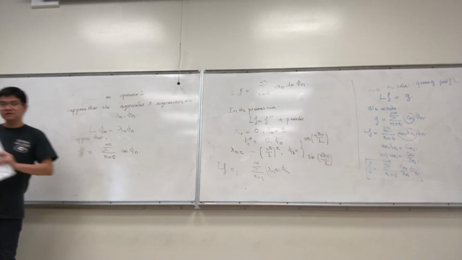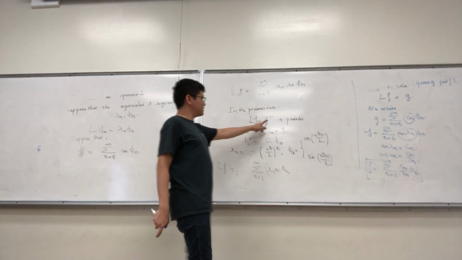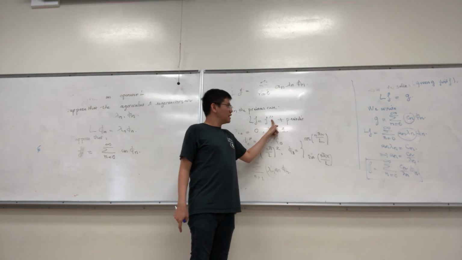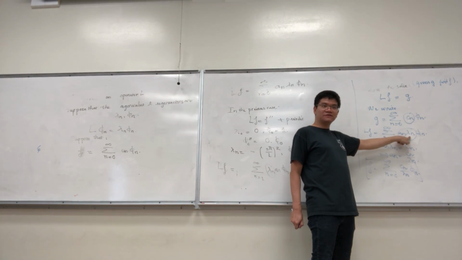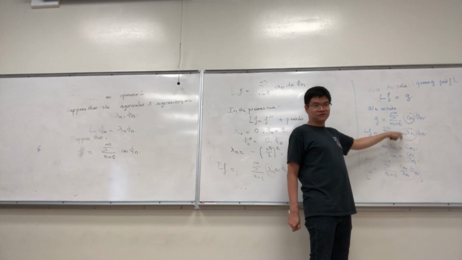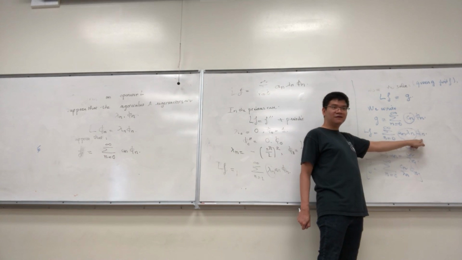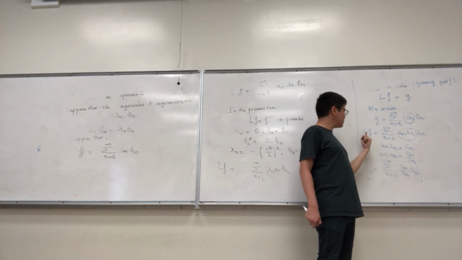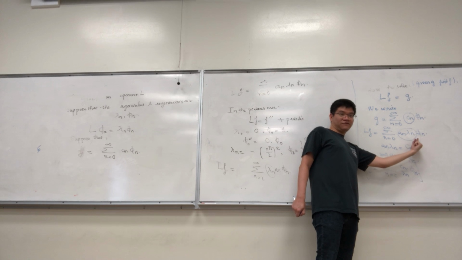Yes. What happens to L? The L is the second derivative, right? So the L of f will give you this extra factor lambda in the coefficient, right? So L of f is an lambda n Pn, because in the previous case you see that when you take the second derivative of the Fourier series, you gain a factor lambda n.